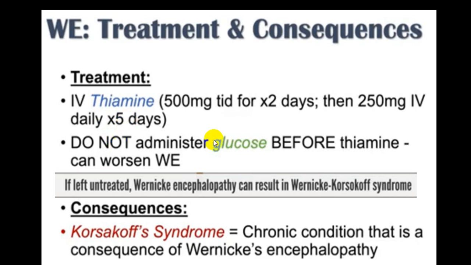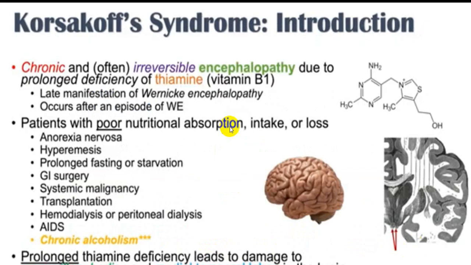Do not administer glucose before thiamine, because if you give only glucose without giving thiamine, it will worsen Wernicke's encephalopathy. But if left untreated, Wernicke's encephalopathy can end up as Wernicke-Korsakoff syndrome, which is a chronic condition as a consequence of Wernicke's encephalopathy, and almost irreversible.